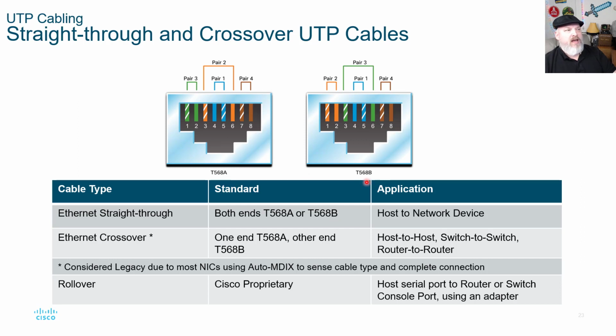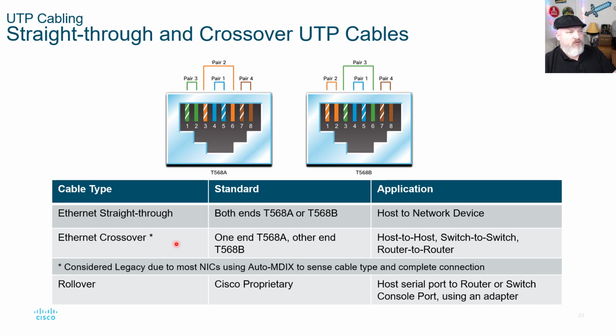If you're doing a straight-through, you just use either form. This is where we're looking at white-green, green, white-orange, blue, white-blue, orange, white-brown, brown, and then 568B has orange first. You see the orange here, and now they're using the green to do the cross to make the pair 3. Where over here we use pair 3 for our first two.